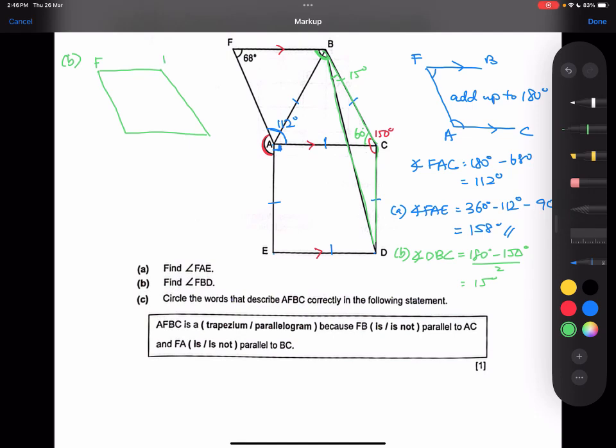Okay, this is F, B, C, A. We know that this is 68. We know that this is 112. We know that this is 60.